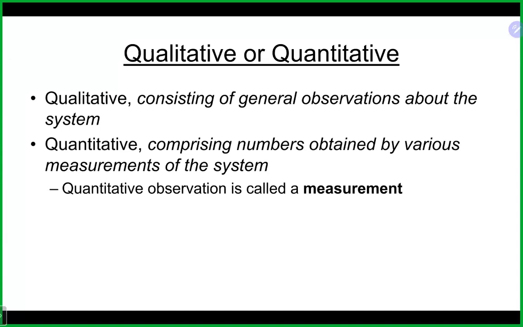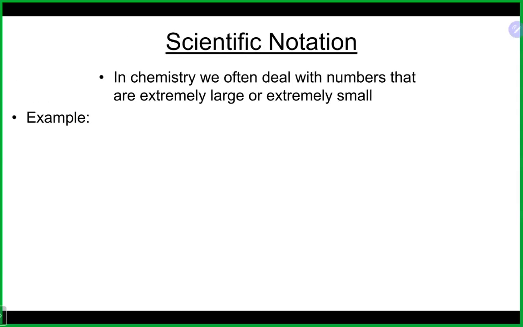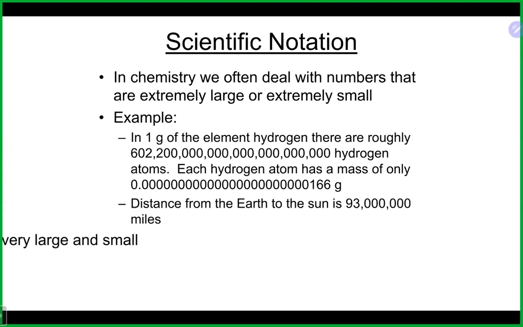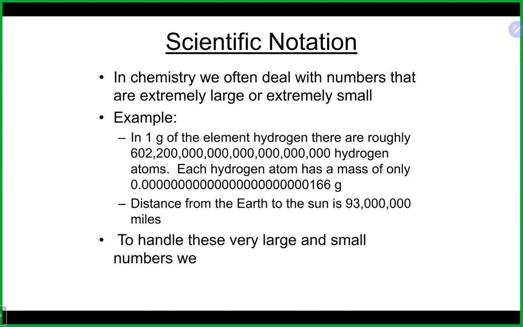But when we do something that's quantitative, a quantitative sort of measurement, it should be pretty exact, as exact as it can be. Now, one of the things that we deal a lot with in chemistry is really large numbers and really small numbers. And as you can see there, that's a really large number of 602, and a bunch of zeros.